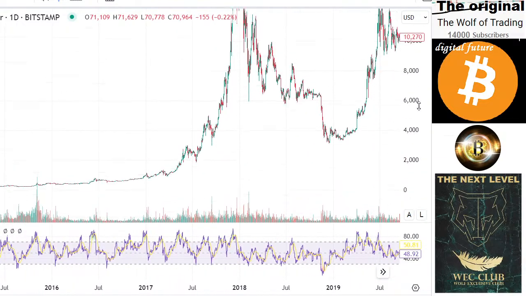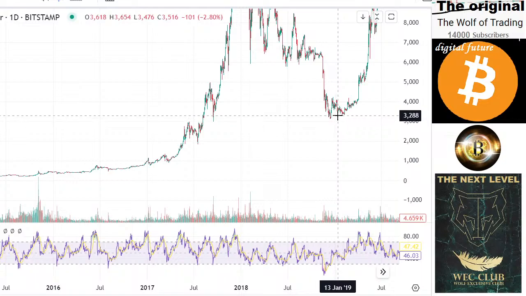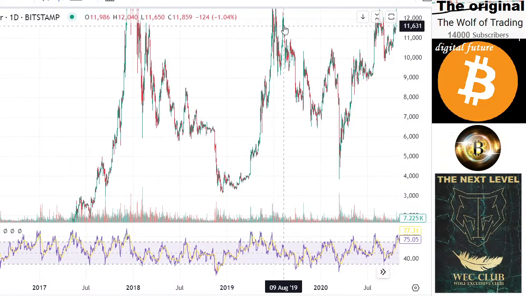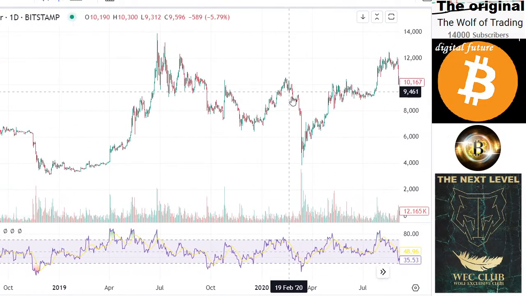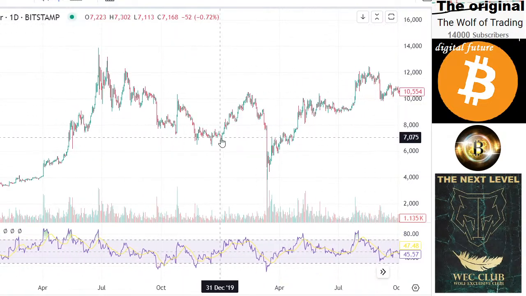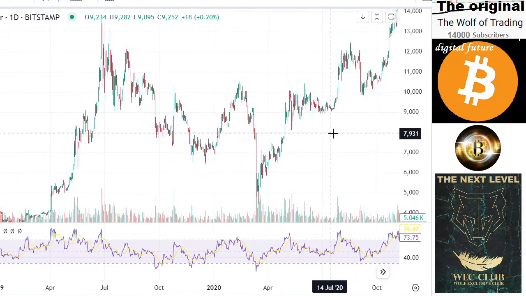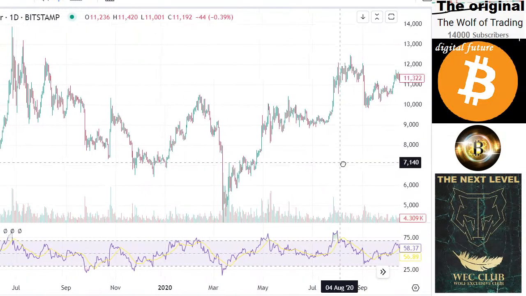What kind of information you see here? You can see the sell-off here from 6,000 to 3,000. And then the price is going up. You see the sell-off here is also the case. This is interesting. Also here you have a short sell-off.